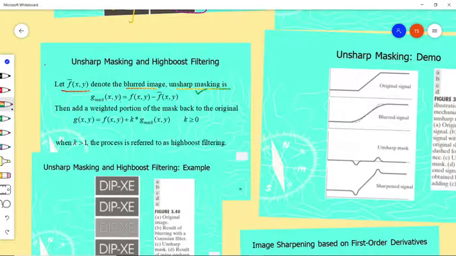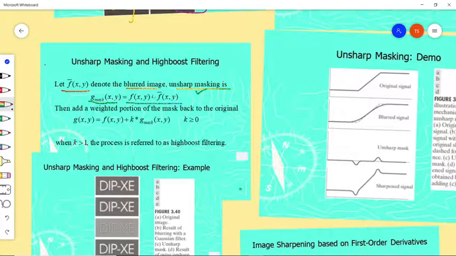So the unsharp masking is defined with the expression, and it is denoted with g mask of x comma y, defined as f of x comma y minus f dash of x comma y.